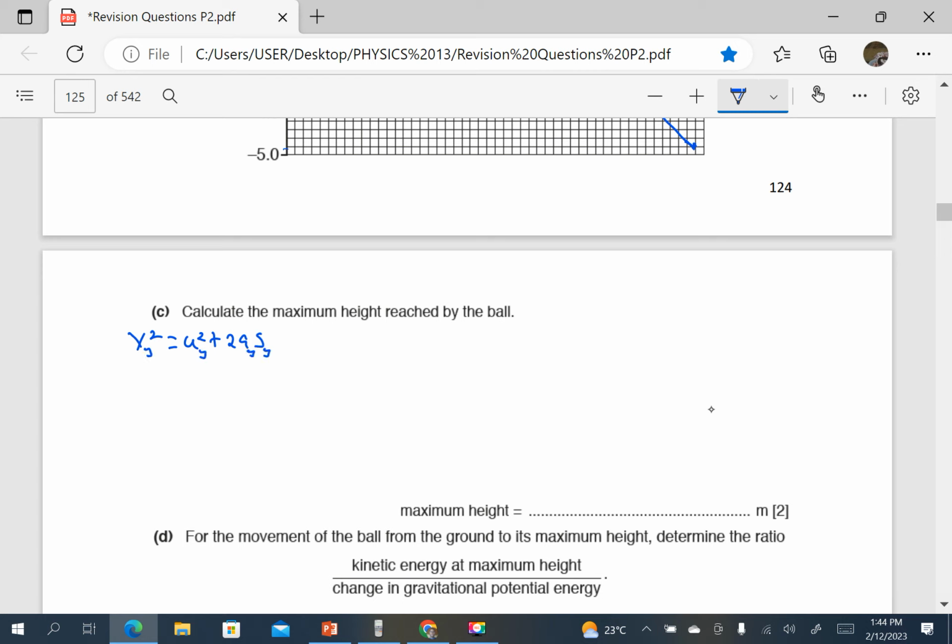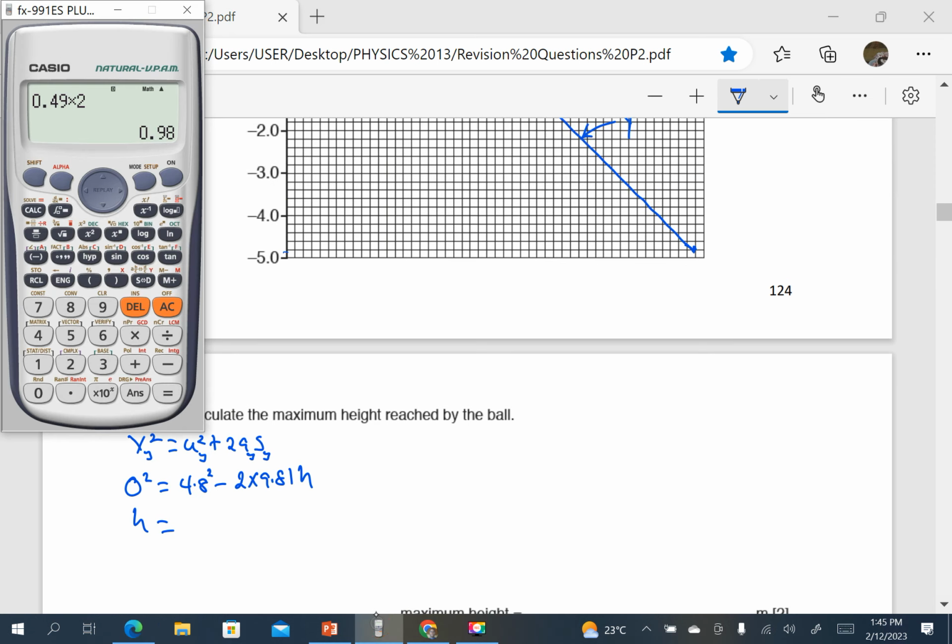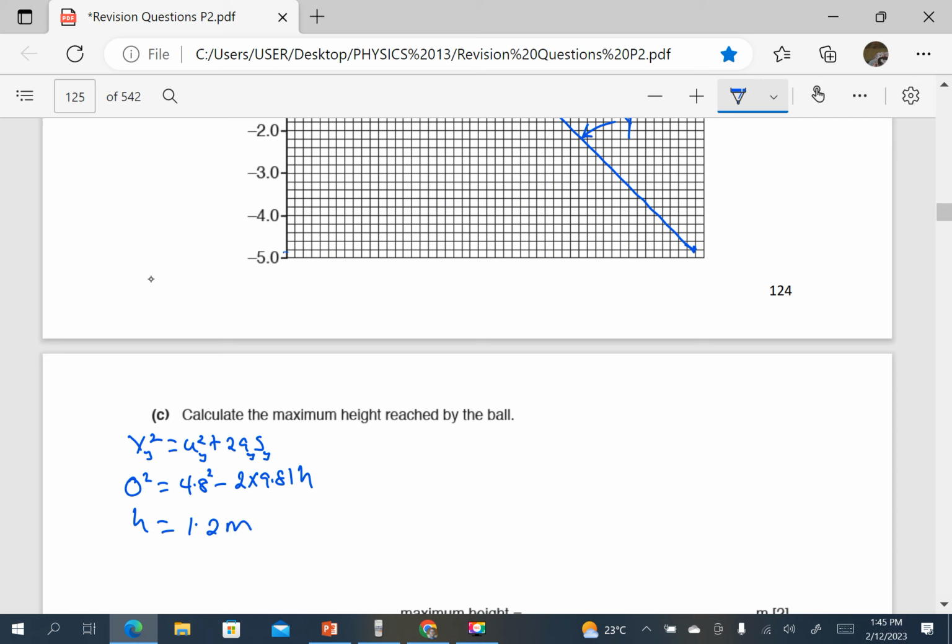At maximum height, v is 0, so 0 squared is equal to the initial velocity in the vertical, 4.8 squared, minus 2 times 9.81 times the height h. So h is equal to 4.8 squared divided by 2 times 9.81. So h is 1.2 meters. That is method number 1.